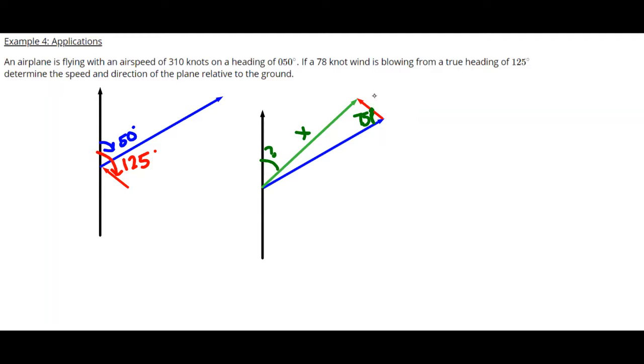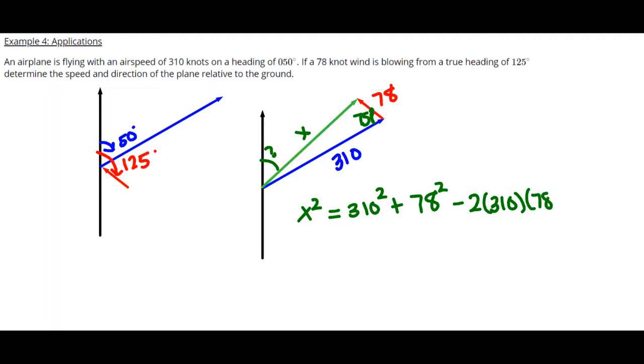Now we know the red vector is 78, and we know the blue vector is 310. We can apply our law of cosines to find out what this measurement x is. So x squared equals 310 squared plus 78 squared minus 2 times 310 times 78 times cosine 75.